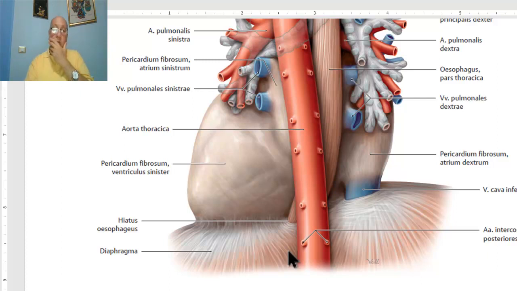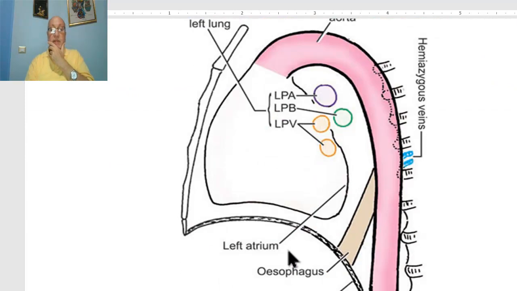Posteriorly, this picture is very good, it summarizes the relations anteriorly and posteriorly to the descending aorta. Anterior to the descending aorta are the left principal bronchus, fibrous pericardium, sinus of serous pericardium, and left atrium.